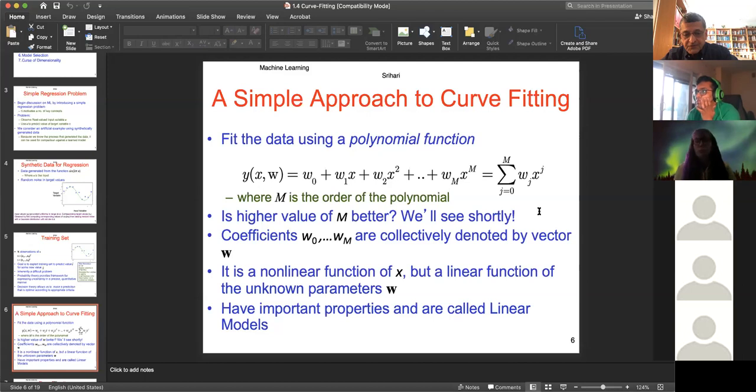When you choose a low value of m, you're going to get a biased output. But if you choose a high value of m, it is not biased. It's very, very flexible. You can draw all kinds of curves running through those points, going up and down, and even exactly fit the data points.